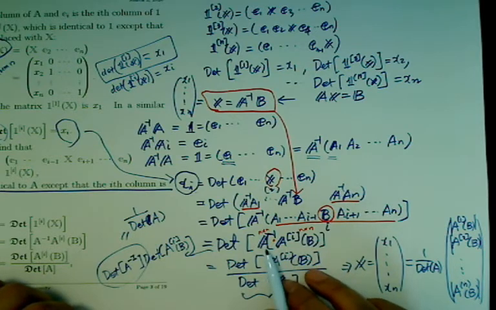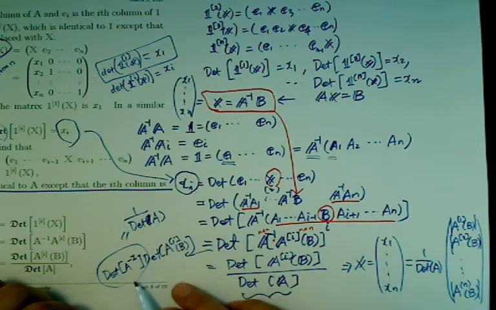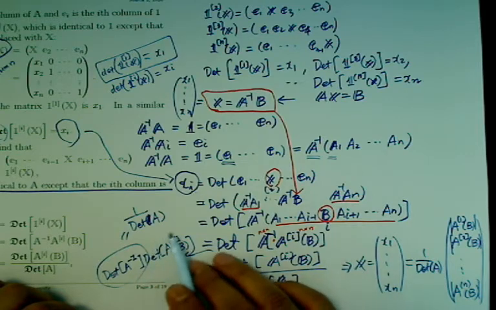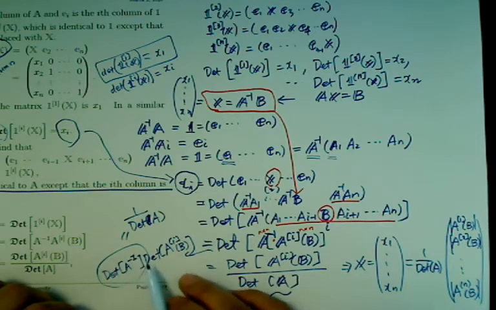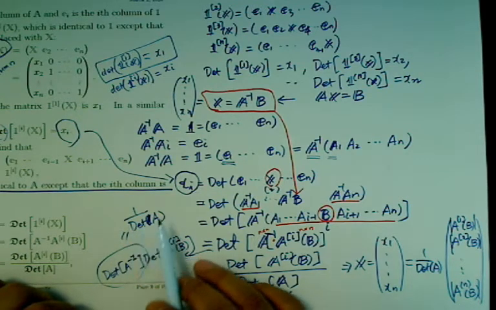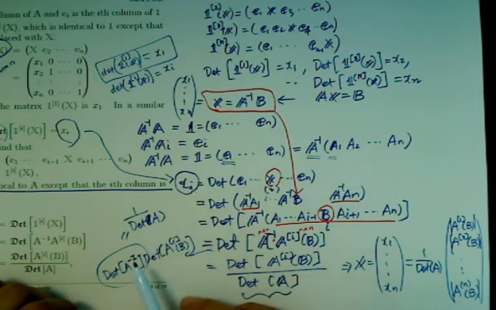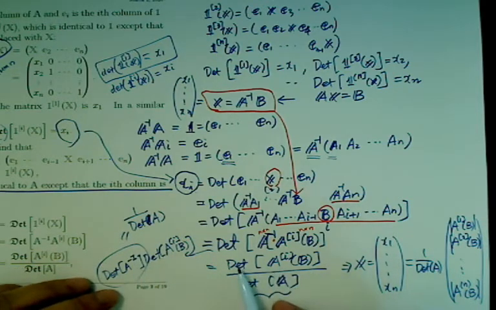The determinant of a product is the product of the determinants, so A inverse is factored out as a separate determinant. And we know that the determinant of the inverse is the reciprocal of the determinant. Therefore, our final result is the determinant of matrix A with the ith column replaced with B, divided by the determinant of the original matrix.